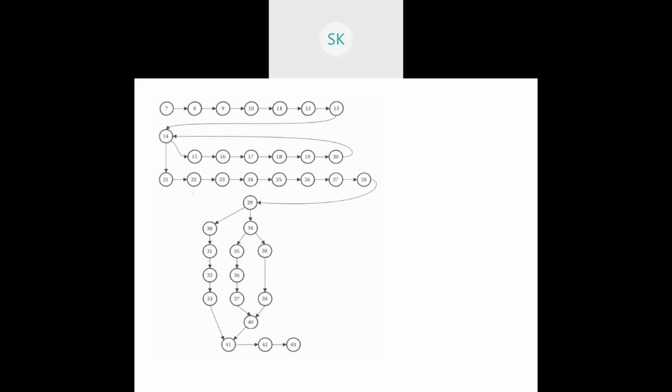According to the textbook, they have written this program. Now, what you need to do is identify the DD path nodes, and with respect to those DD path nodes, you need to write the program graph. I'll give you 3 minutes. So it's already 1 minute over. Another 2 minutes are left.